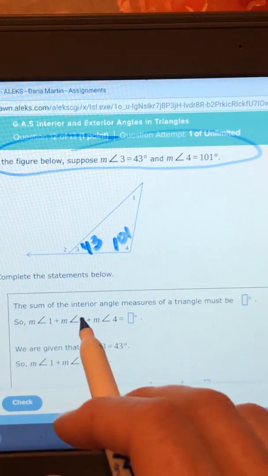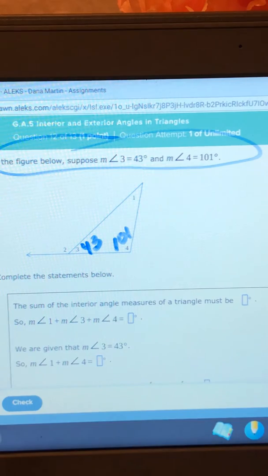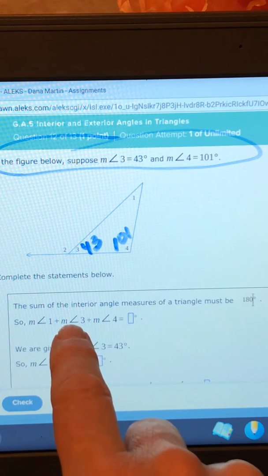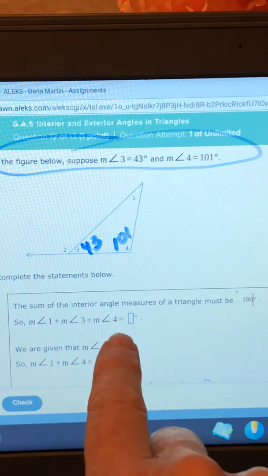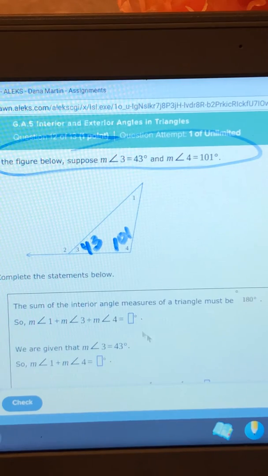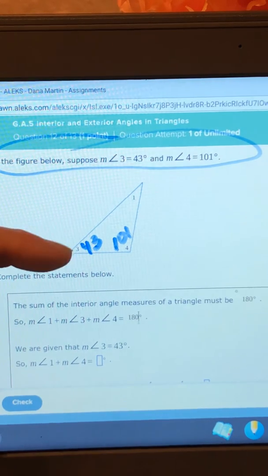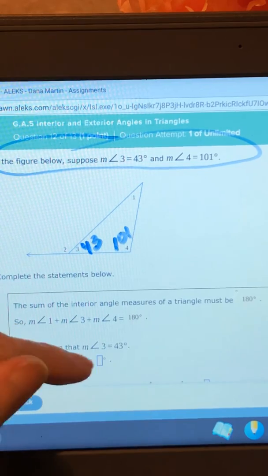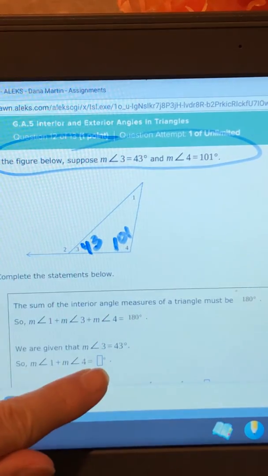So, the sum of the interior angle measures of a triangle must be, what's the number? 180, the magic number. So the measure of angle 1 plus angle 3 plus angle 4, those three measures, equal 180, the same answer. We are given that the measure of angle 3 is 43. So the measure of 1 plus 4, well, we've got to figure out.